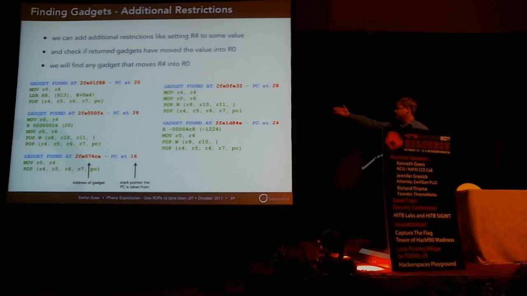So sometimes it's done directly, sometimes you first have a branch, sometimes it's moving it into the R6 register first and then moving the R6 register into the R0 register. So it's all these kinds of gadgets.